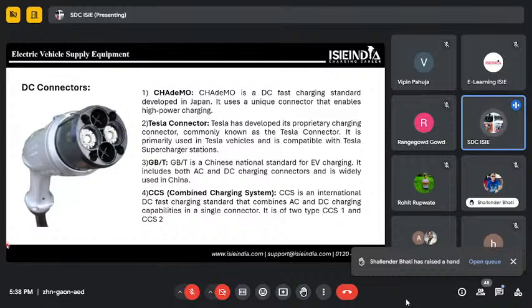Tesla connectors have some maximum priority value, CAN communication, and security levels. GB/T Chinese chargers support both AC as well as DC. CCS chargers are also there, supporting AC plus DC and single-phase supply and three-phase supply. So as per your charger support, the charging station, and the vehicle's support, they come inside the architecture point of view and the power analog connections, right?